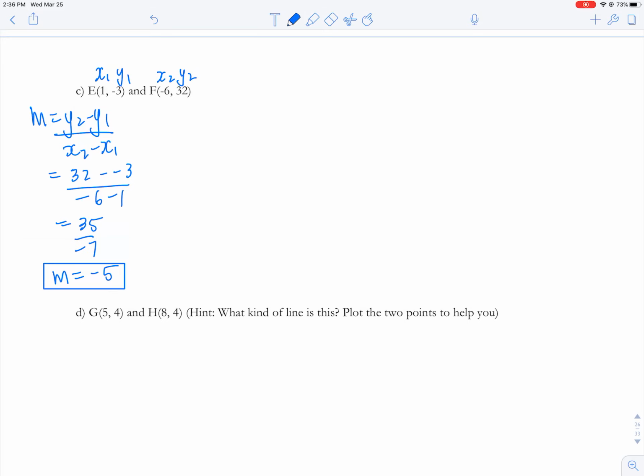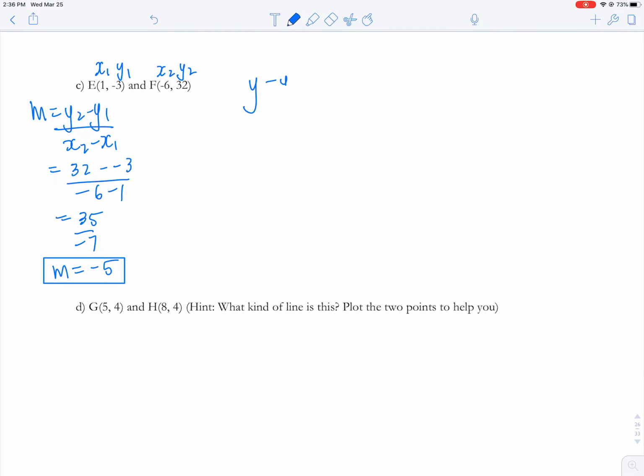Subbing those into y minus y line equals m(x minus x line). I'm going to use these because they're smaller numbers. It doesn't matter which point you pick. So y minus 3 equals m, which is minus 5, times (x minus 1).